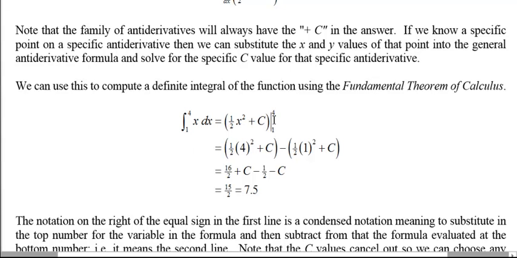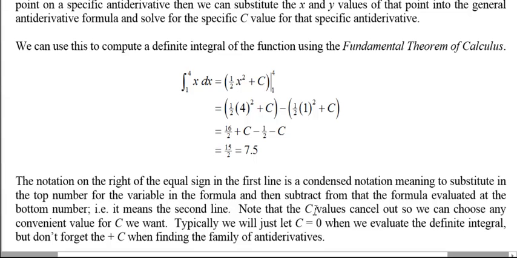So evaluate it at the top number and the bottom number separately and subtract. So here we distribute the minus, and notice that the c's cancel out. That always happens. 4 squared is 16 times 1/2 is 16 halves, and this is 1/2 times 1 is 1, and the minus here makes it minus 1/2. The minus times the c is minus c, the c's cancel. 16 halves minus 1/2 is 15 halves, or 7.5. And this is an exact value for this definite integral.